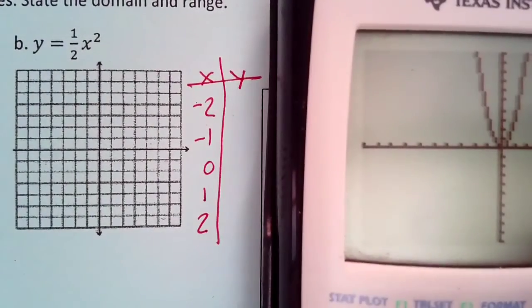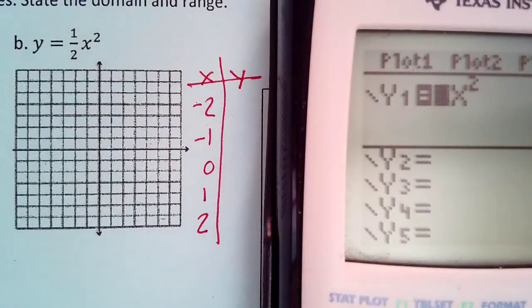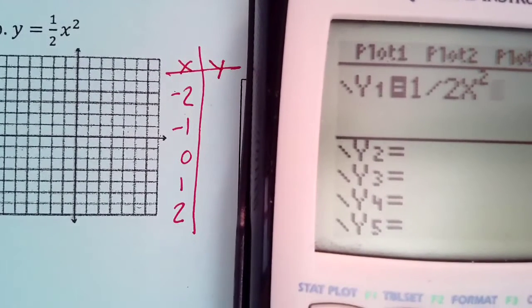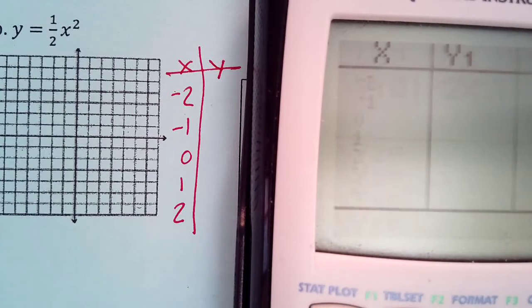So in my calculator, I'm going to press y equals. I'm going to clear that one out. 1/2, I'm going to type in as 1 divided by 2. And then the x, and then square it. 1 divided by 2, x squared. So then second graph.